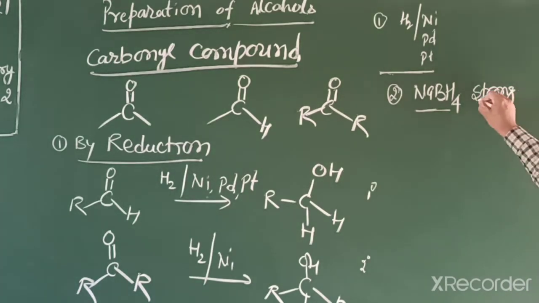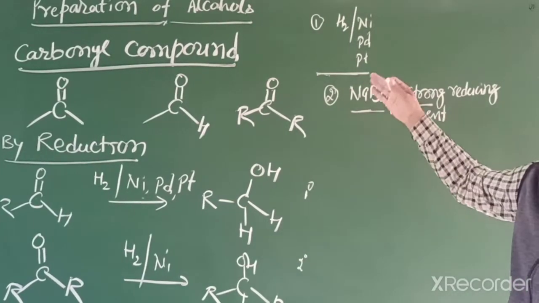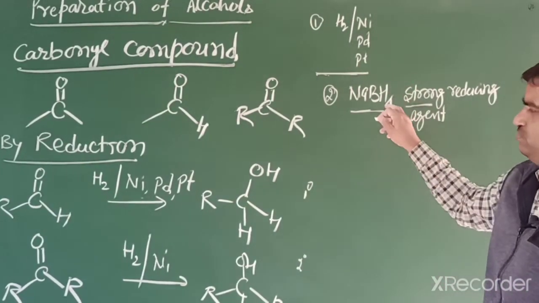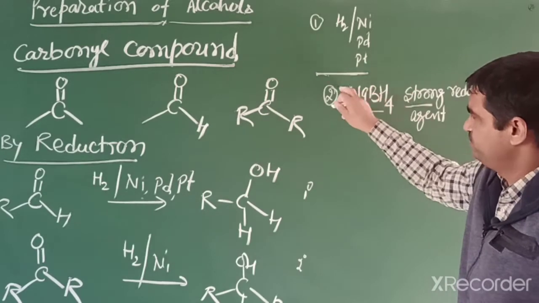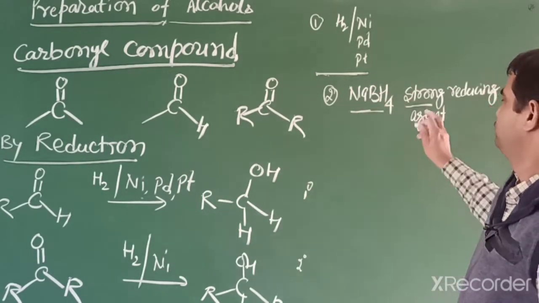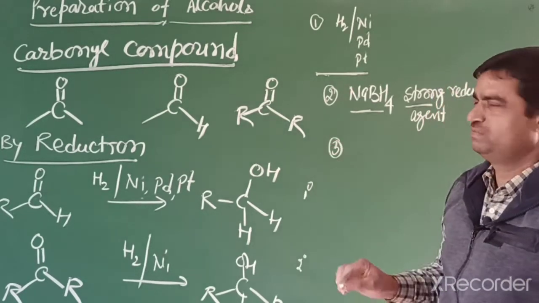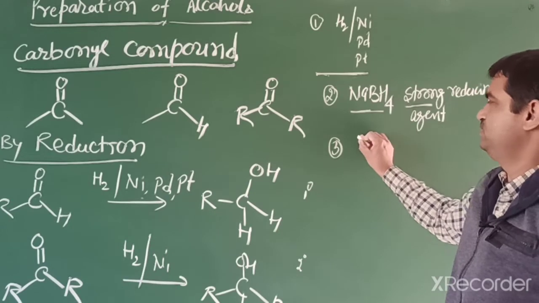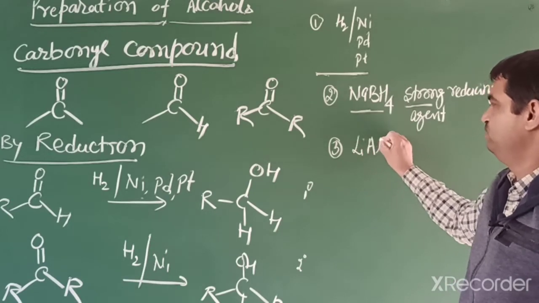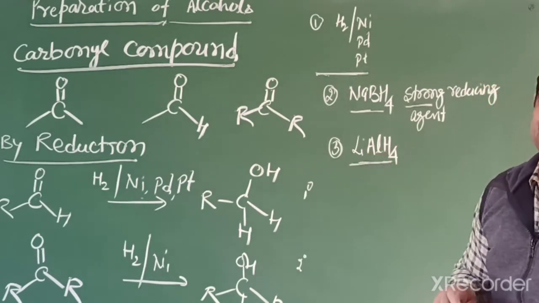It reduces others and itself gets oxidized. So if we use this reagent in any reaction, that reaction is a reduction. The third reducing agent is lithium aluminium hydride. This also acts as a strong reducing agent.